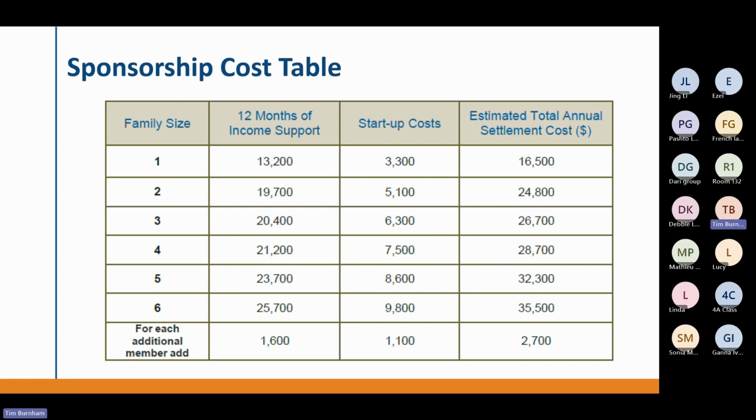And then the next column, the startup costs for when they arrive. And then the final column, it has them added together. So you can see for just sponsoring one person, the total minimum estimated cost would be $16,500.